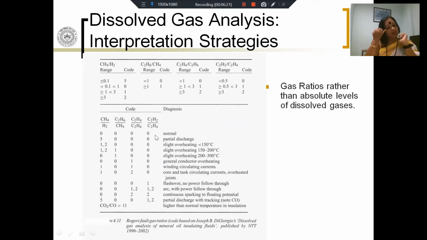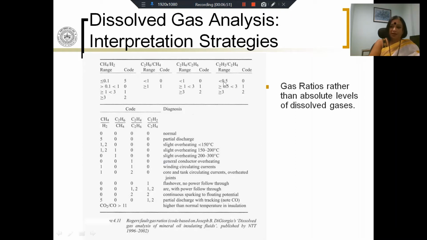Now let us imagine that we continue to get 0 for all the ratios except for the first one, where we get code 5, where this ratio falls to values less than 0.1. This indicates that partial discharge must be taking place. Whereas with a configuration of 0, 0, 0, 1, where these 3 ratios are within the normal range, only the C2H2 to C2H4 ratio has a code of 1, which means the range is between 0.5 and 3.